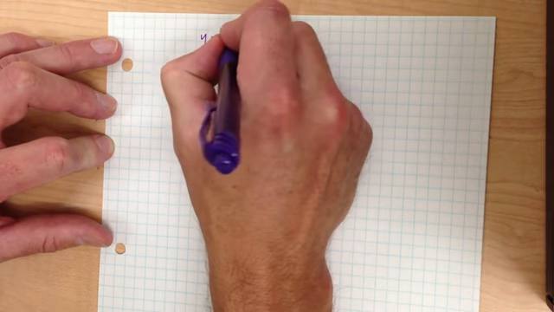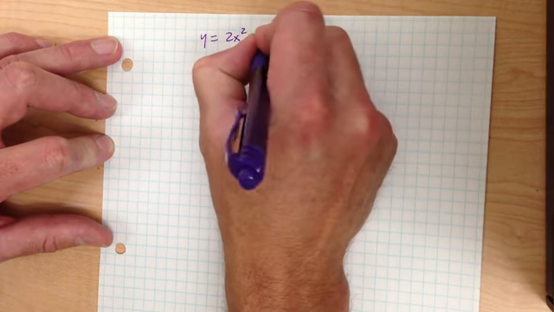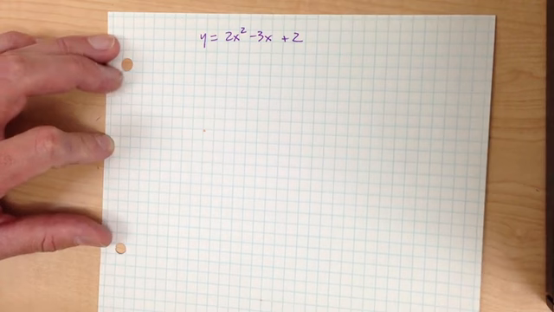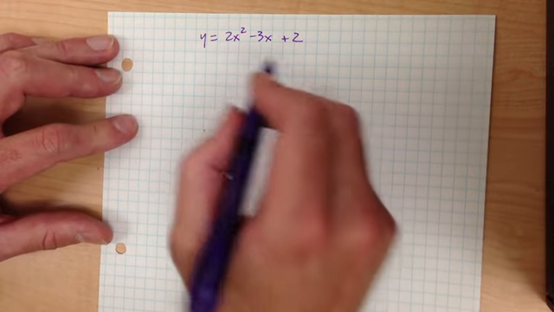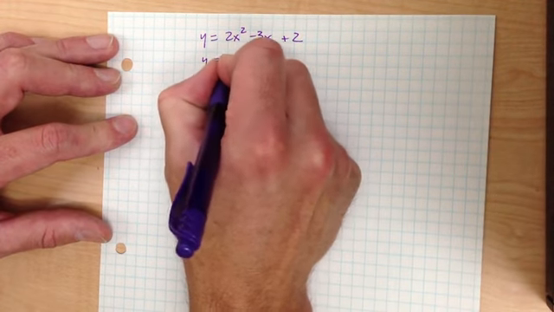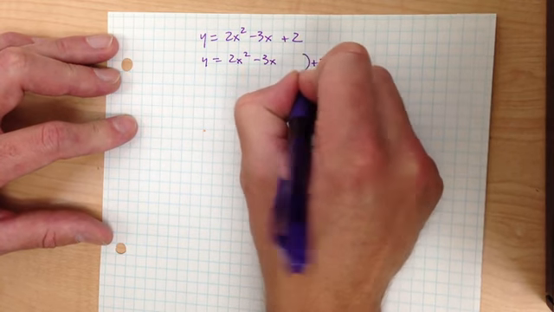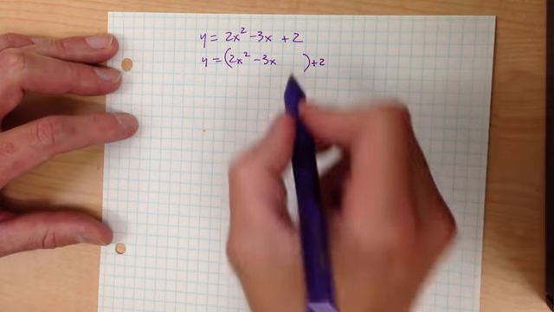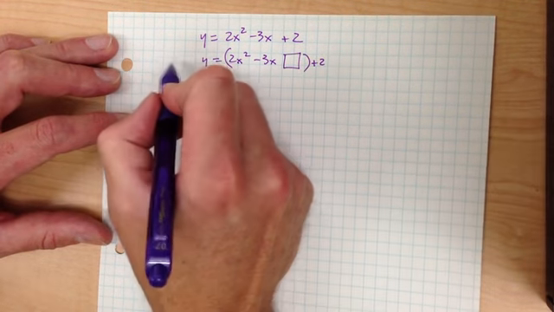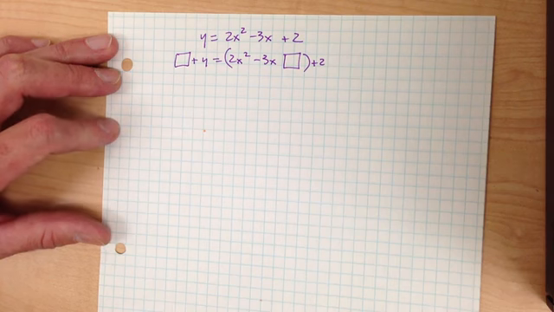Y equals 2x squared minus 3x plus 2. Slide that 2 and make some room. Created room for my square, and what I'm adding to both sides of my equation.